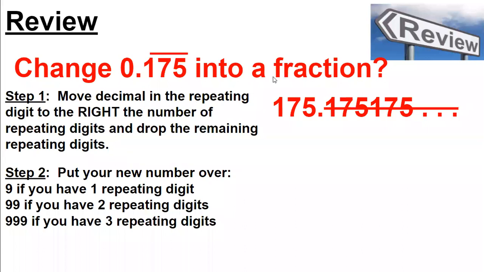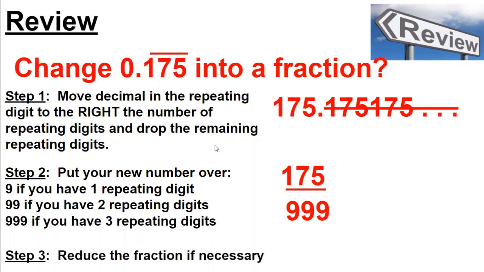So since we have 3 digits repeating, I'm going to put 0.175, or in our case 175 now, the whole number, over 999. And then my final step is just going to be to reduce my fraction. Well, I know that 175 over 999 has no common factor that will divide into both the top and the bottom.